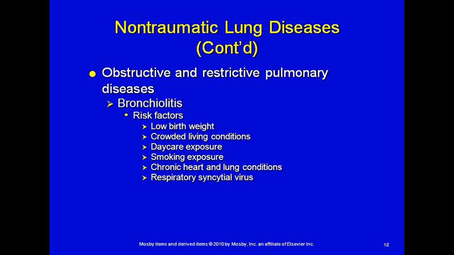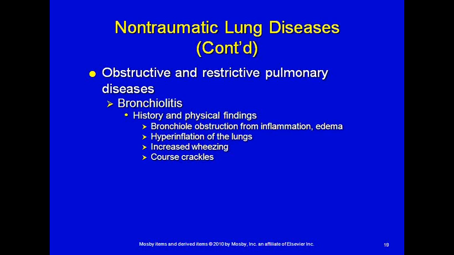Some risk factors for bronchiolitis include low birth weight, crowded living conditions where things like upper respiratory infection bugs are common and are shared easily. Same thing with daycare, exposure to smoke, chronic heart and lung diseases, and RSV, or respiratory syncytial virus.